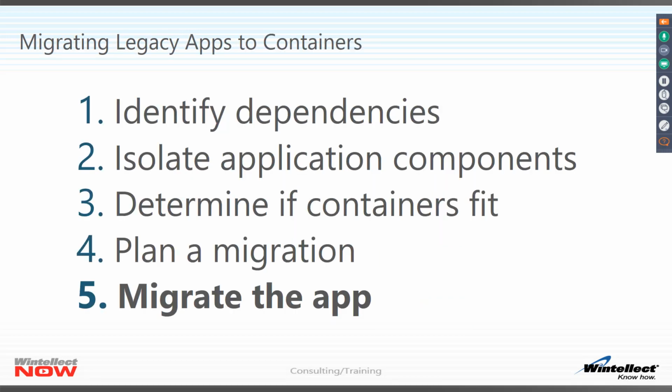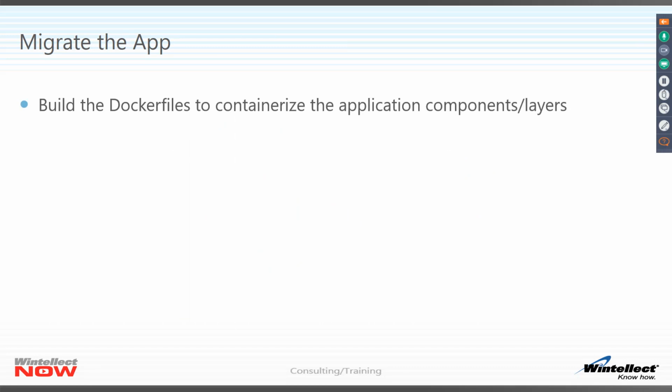And the last thing to do is actually to migrate the application. Now, you probably got to this point by going through the process of identifying dependencies, isolating components, determining if the containers fit, planning the migration. And this is where you actually get down in the weeds and start to do things like build Docker files and script out the deployment of this.